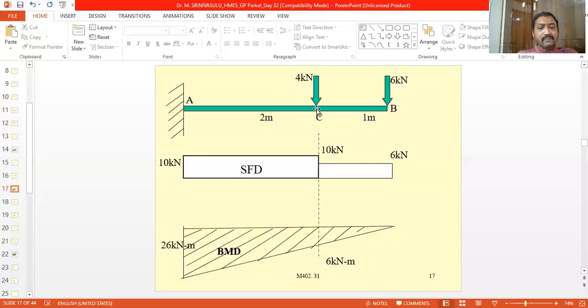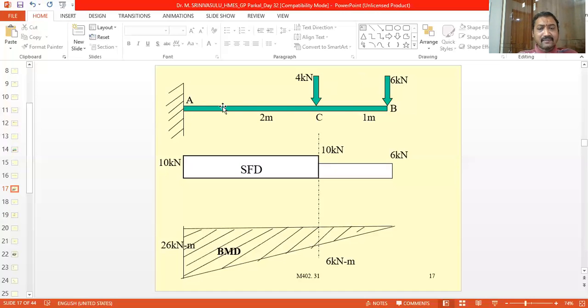Now coming to the bending moment at point A. If you take the bending moment at point A, then you have to consider the section exactly at point A. If this is the section, and to the right, this is the portion. To the left, there is no other force.